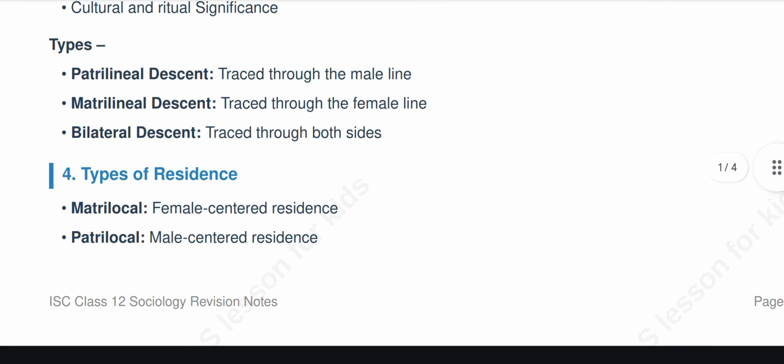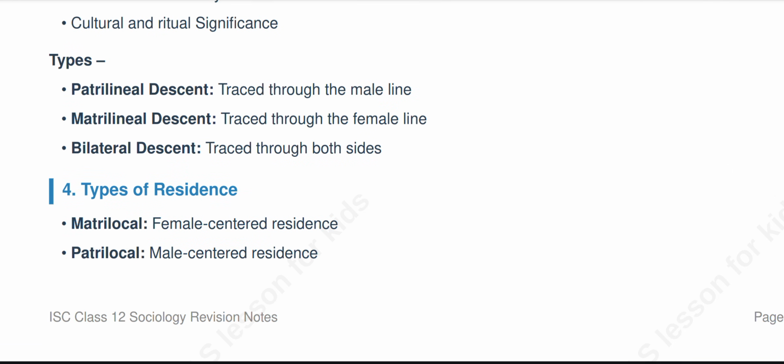Now the last type is the bilateral descent, traced through both sides. So basically that child is going to get everything from both sides. For example, your father's name is Prashant Roy, and your mother's name is Riya Mukherjee.